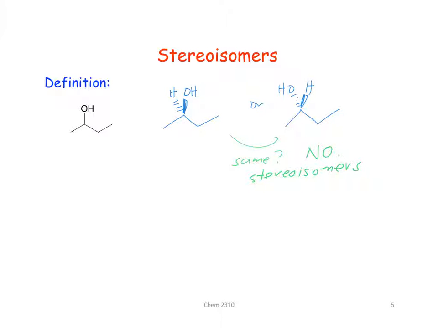Alright, so to be enantiomers, they have to be mirror images of one another. So we'd have to redraw these as mirror images. Let's start by redrawing this one. What I'm going to do is take this structure and rotate it around this axis right here.